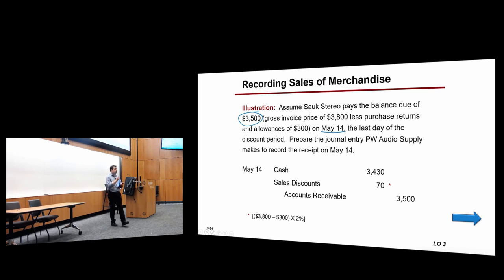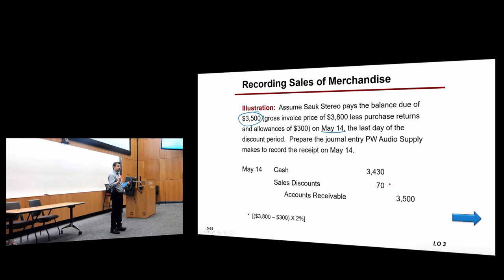Now, that would have been correct if there was no discount. Without the discount, they received $3,500 for the debt. When you say debt, that was accounts receivable. Accounts receivable is still $3,500. But there was also a discount of $70.